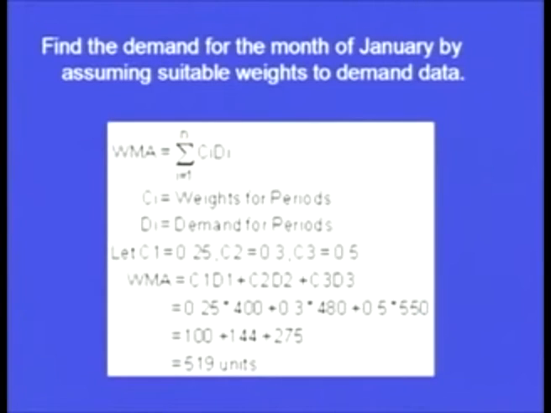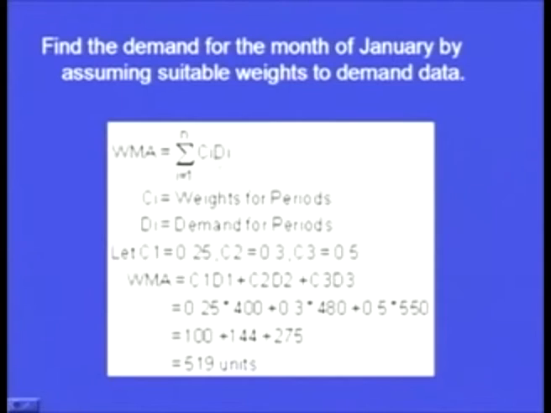Now, find the demand for the month of January by assuming suitable weights to demand data. Now, we have to assign the weights to the data which is already available with us, and then we have to make a forecast for the month of January. So, we can see the weighted moving average, where i goes from 1 to n. Now, n suppose is 2 or n suppose is 3, then i goes from 1 to n.